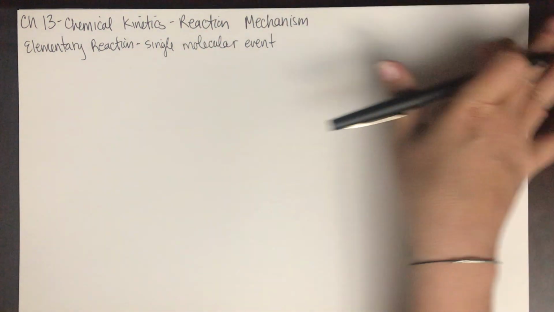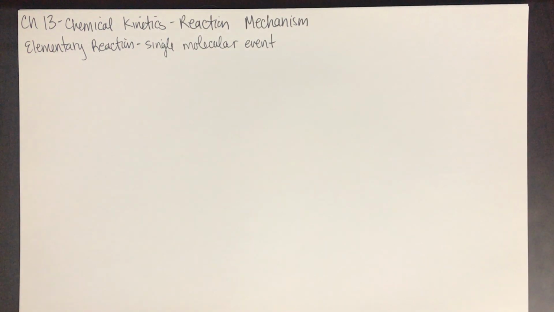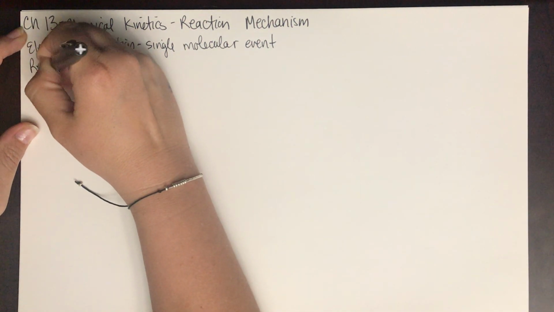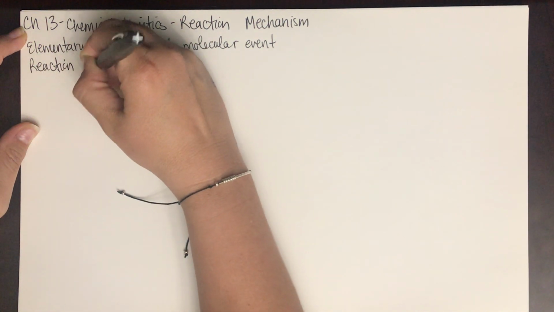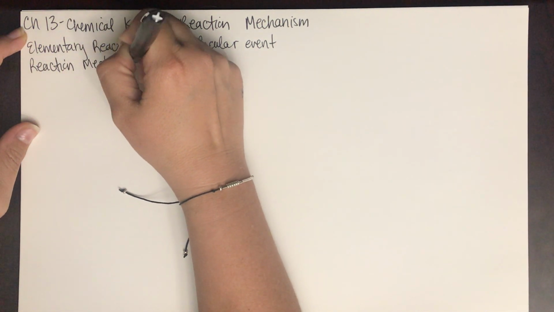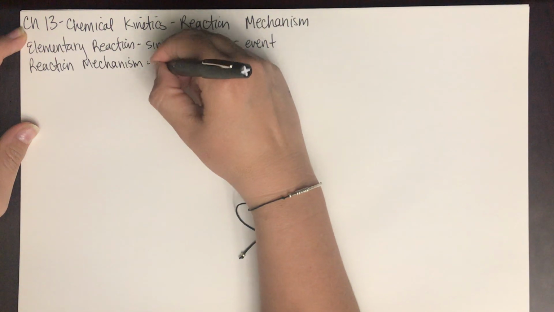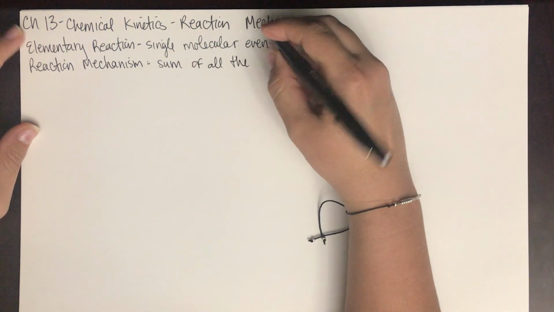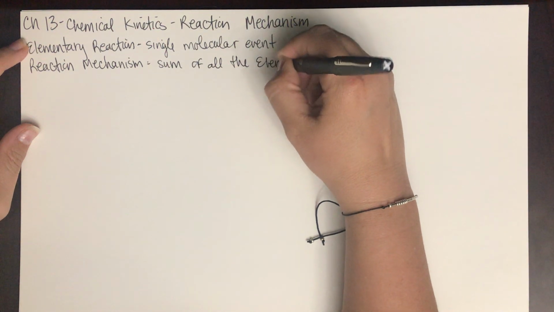We're just looking at the beginning and the ending, so we're not seeing each of these individual steps, these individual elementary reactions. The set of elementary reactions, when they're added together in the balanced chemical equation, give you the reaction mechanism. So the reaction mechanism is the sum of all the elementary reactions.